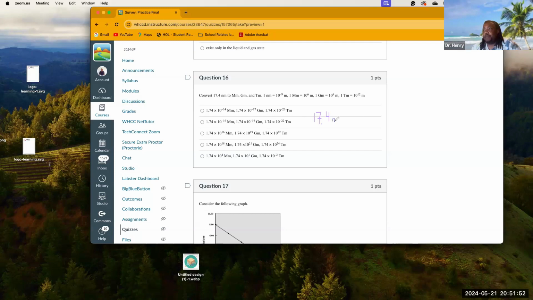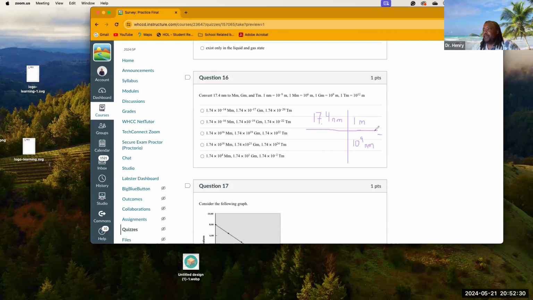We know that it's nanometers, that's what we're starting off with. Nano starts with N, 9 starts with N. So I always remember that 10 to the ninth nanometers will equal 1 meter. Or we could do it here where they said 1 nanometer is 10 to the minus ninth meters.